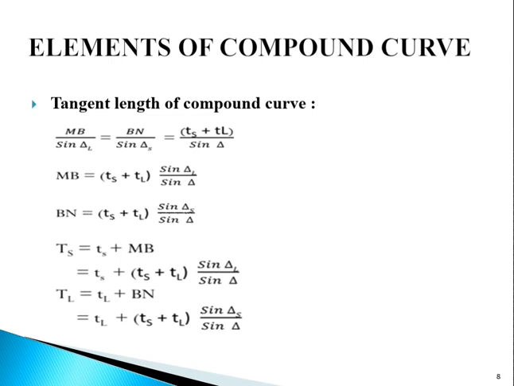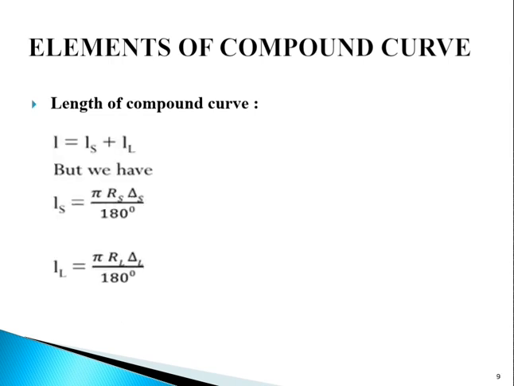Putting the value of MB, Ts plus (Ts plus TL) sine delta L by sine delta. And capital TL will be given by TL plus Bn. The same procedure is followed, putting the value of Bn from above, so TL plus (Ts plus TL) sine delta S by sine delta.